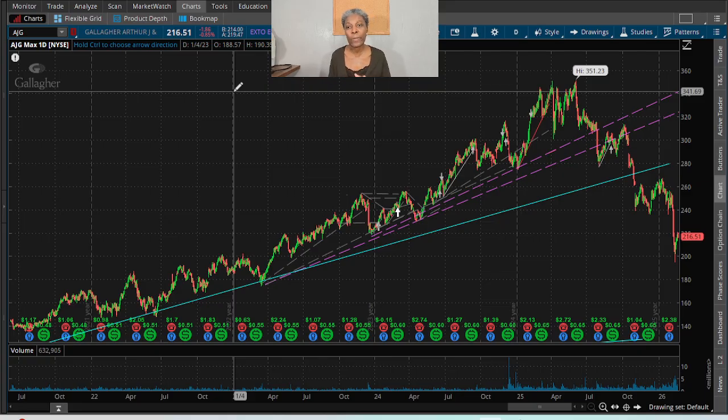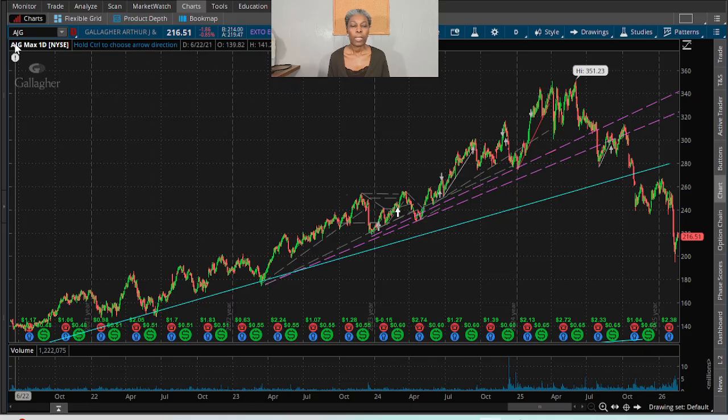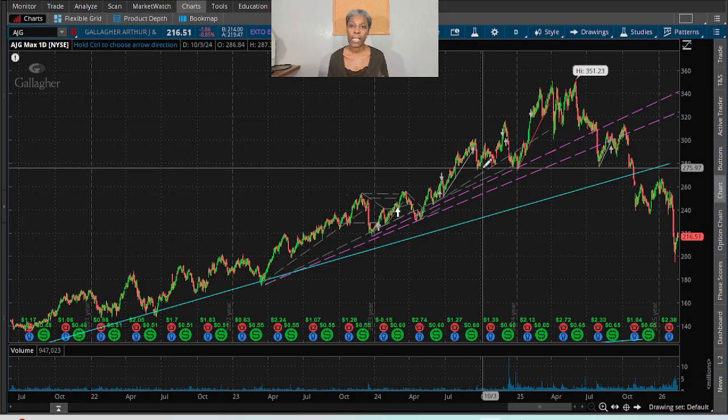And at the same time, I'm trying to improve my swing trading strategy. I just use a few things from the platform to help me get there.